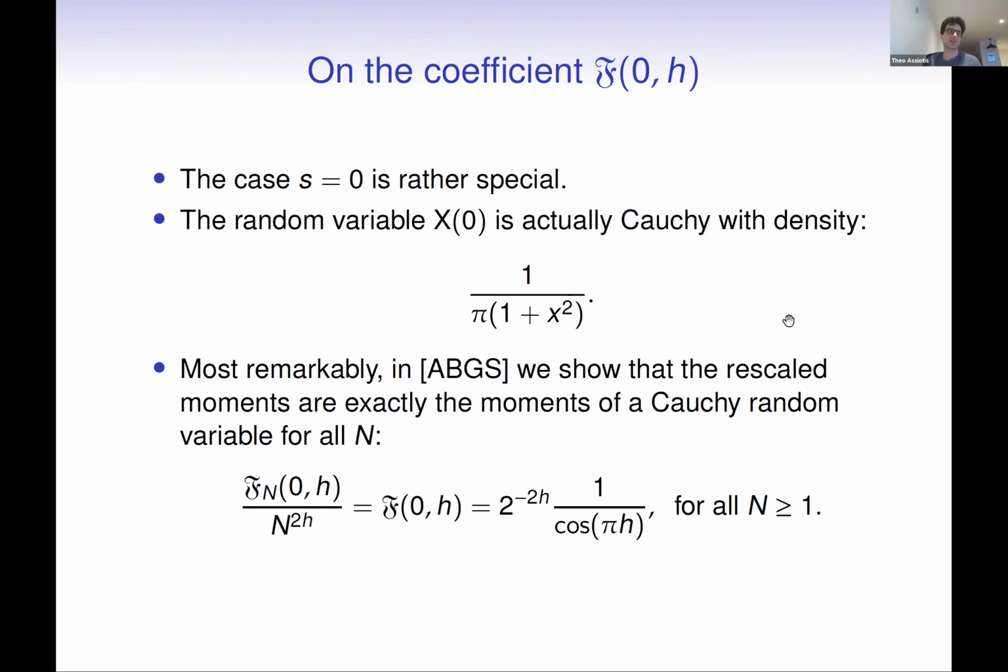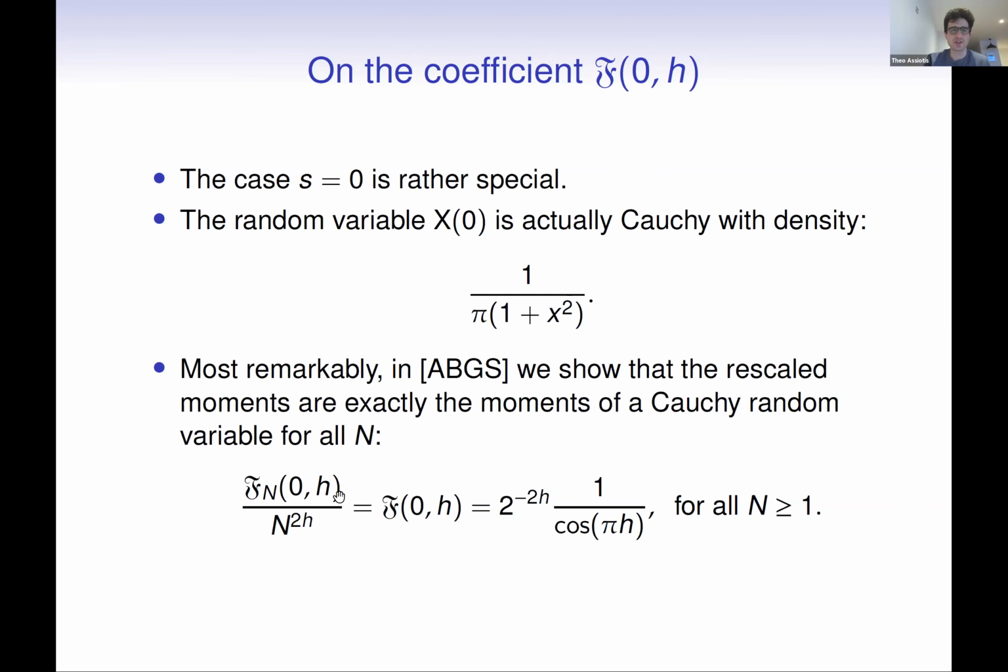So s equals 0 is special. X0 is actually a Cauchy random variable. It's extremely simple. But what's kind of crazy is that it's not only that in the limit we get that this X0 is Cauchy and the leading order coefficient is nice.